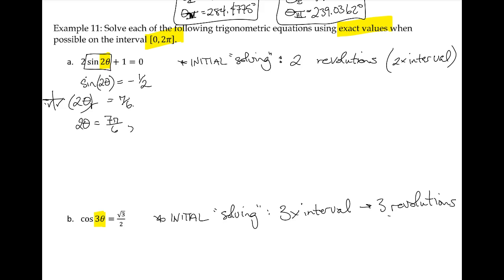And it could be 11 pi over 6 to get me in that fourth quadrant. Okay, but that only takes me one time around. I can actually also start talking about when I've gone past not only 2 pi, but 3 pi and a little bit.